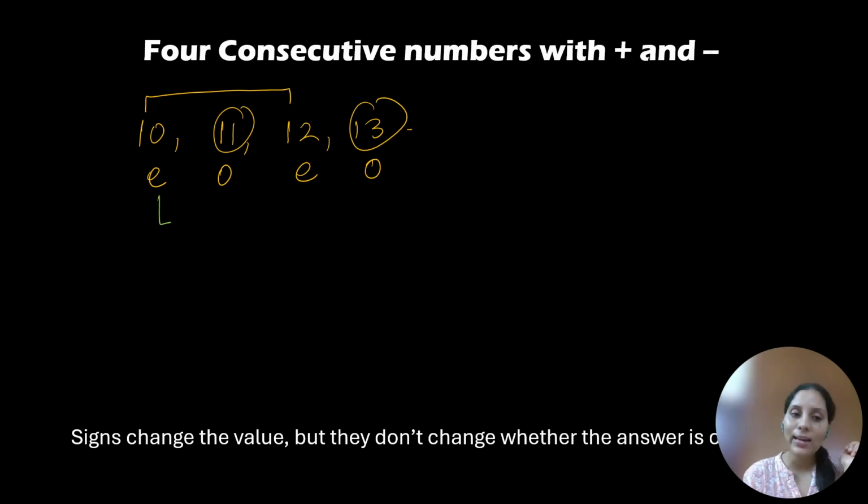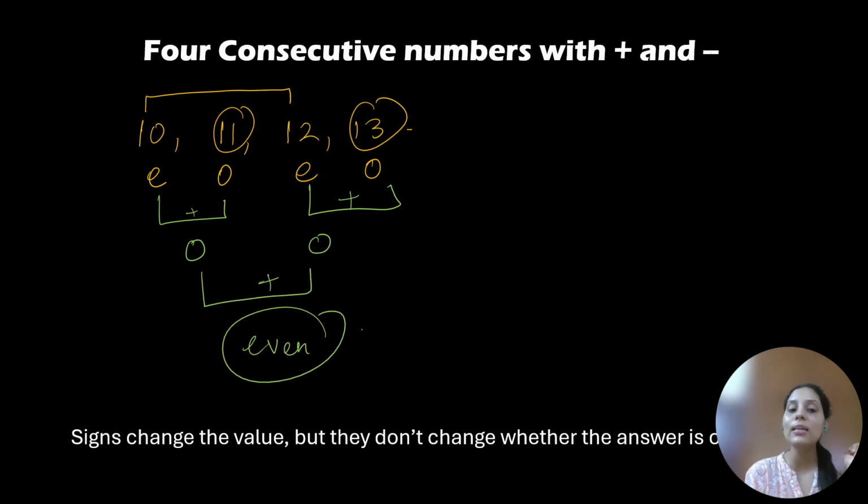When I add even and odd, different parity, always odd. Again, even and odd, odd. Now when I'm adding the results, same parity, it is always even. So when I add or subtract four consecutive numbers, the result is always an even number.